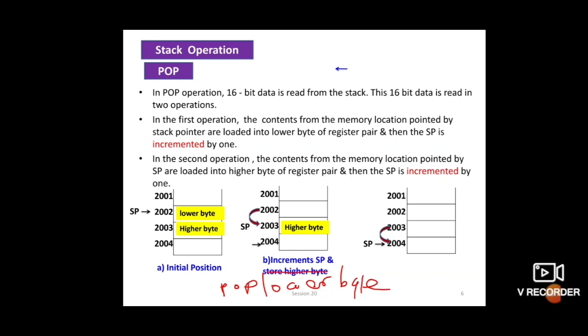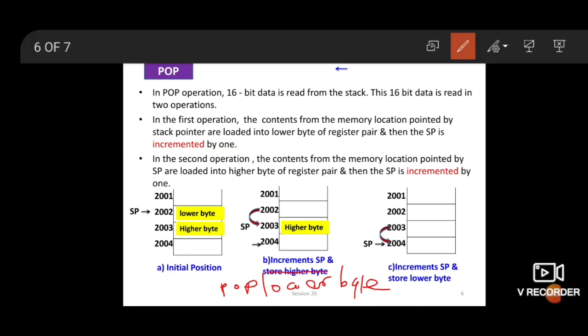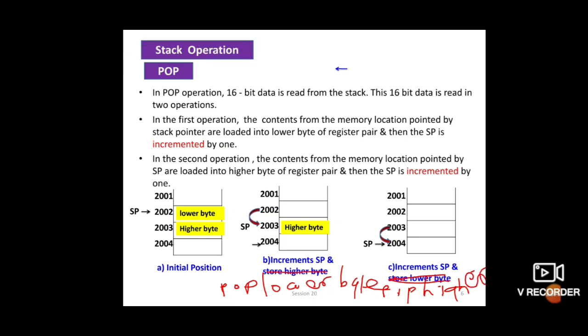The stack pointer is now at 2004 after reading the lower and higher bytes. Here the stack pointer increments again by 1, and instead of store lower byte, write pop higher byte. This is a typing mistake. Understood? In a pop operation, the stack pointer is incremented by 2.